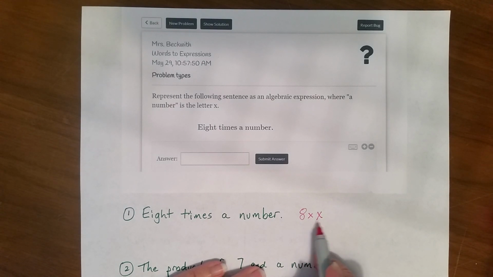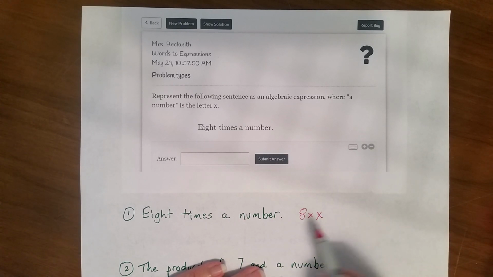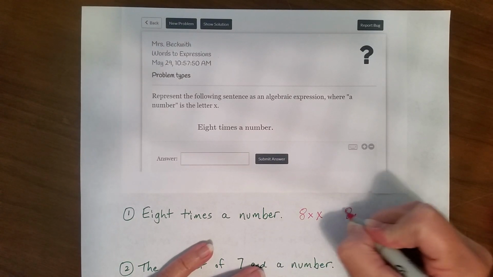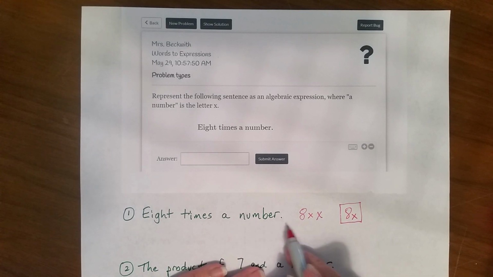It looks like we have 2 x's in a row. Now that we're getting older and we're not in first, second grade anymore, for 8 times a number we're just going to put 8x. That indicates 8 times a number. When you don't have any operation symbol in there, it's an understood times. So 8 times a number, 8x.